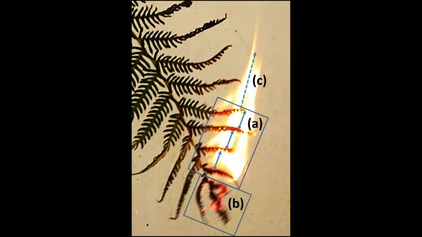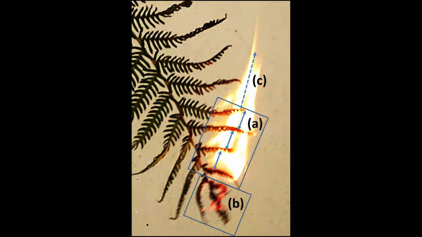To illustrate what that looks like in a real-world scenario, this is a burning leaf of bracken. We can see that the area marked as A shows the leaves that are burning in the bracken. The arrows indicate the spacing between the leaves, which is one of the inputs to Frame there to describe that plant, as well as details of the individual parts of that leaf.